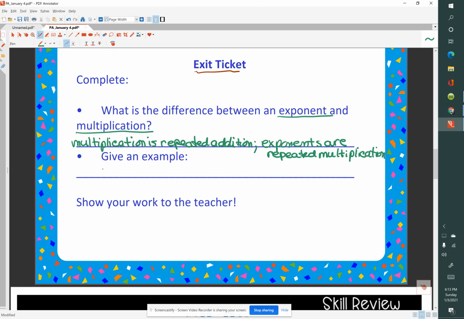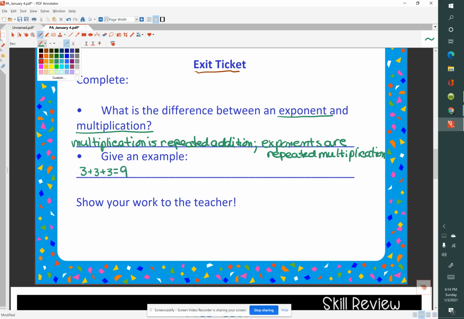And let's give an example. So 3 plus 3 plus 3, let's just do 3 threes. I don't want to make it too hard. 3 plus 3 plus 3 equals 9.